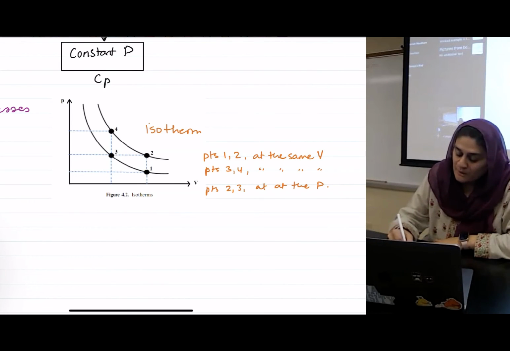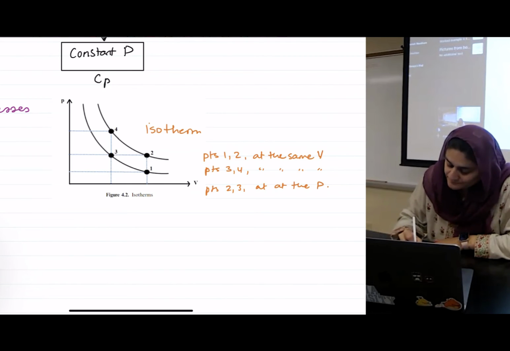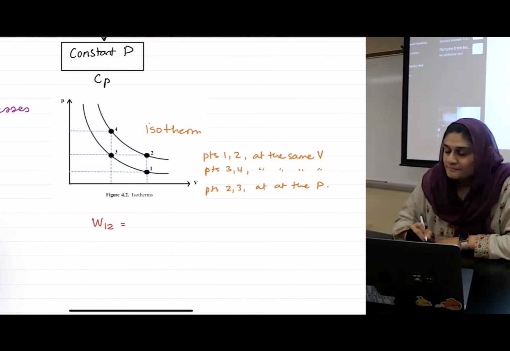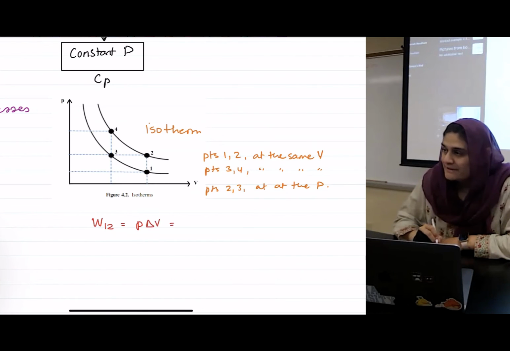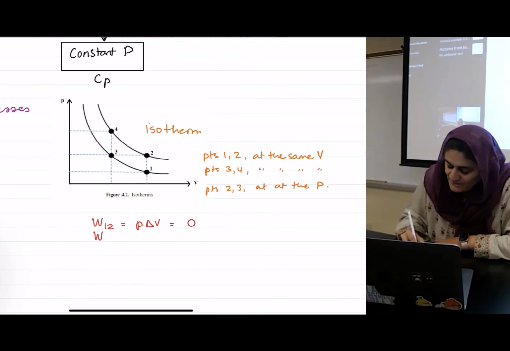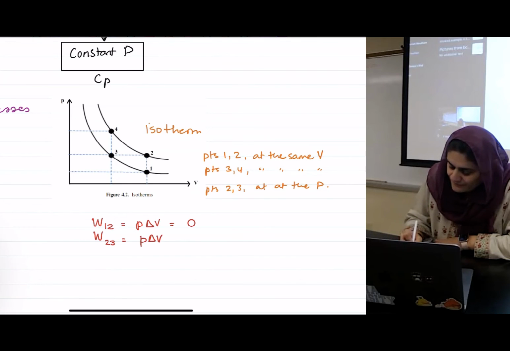Now, what is the work done between points 1 and 2? How do we define work? P delta V? What's the work done between 1 and 2? Good. What's the work done between 2 and 3? It is negative P delta V.